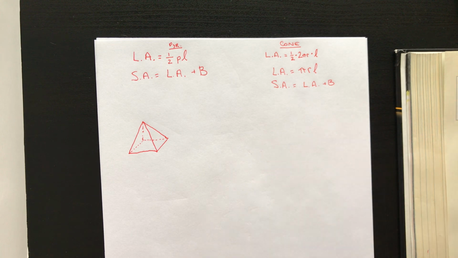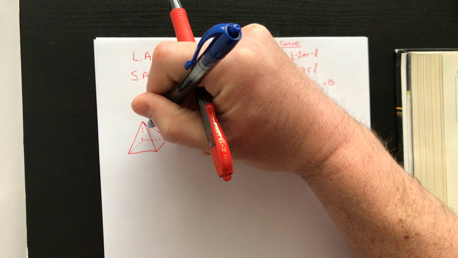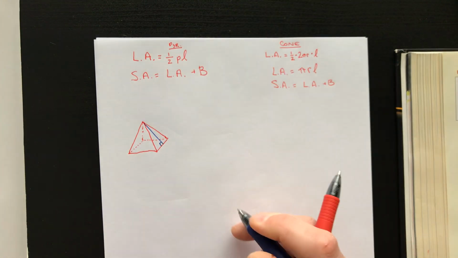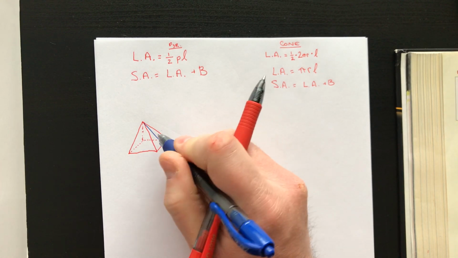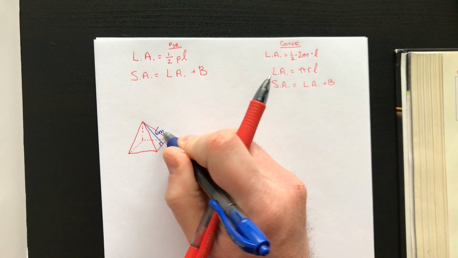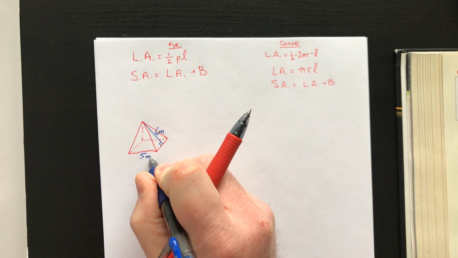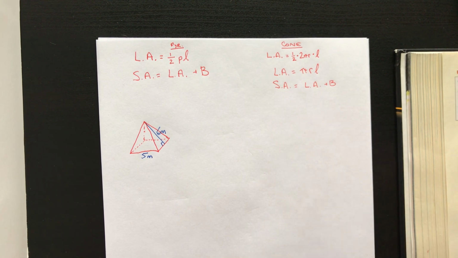They tell us that the slant height, that trail that you would walk up, is 6 meters. And they tell us down here that this is 5 meters. So we have enough information here to do what we need to do.